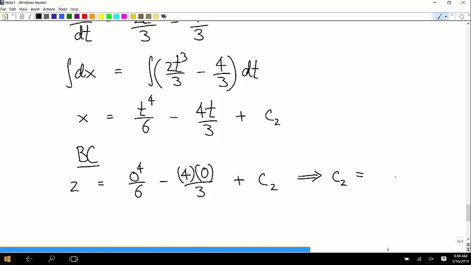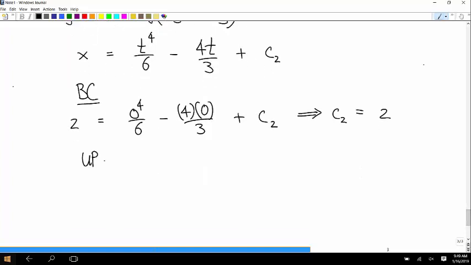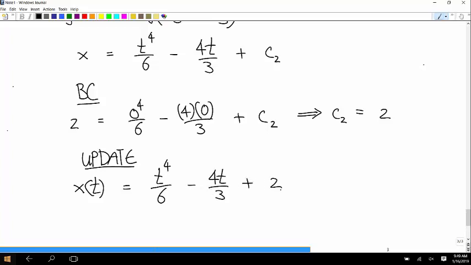So C2 is equal to 2. Now we know a little more about the function x than before we used that boundary condition, so I'll update that again. And our final answer is x as a function of time is equal to t to the 4th over 6 minus 4t over 3 plus 2.